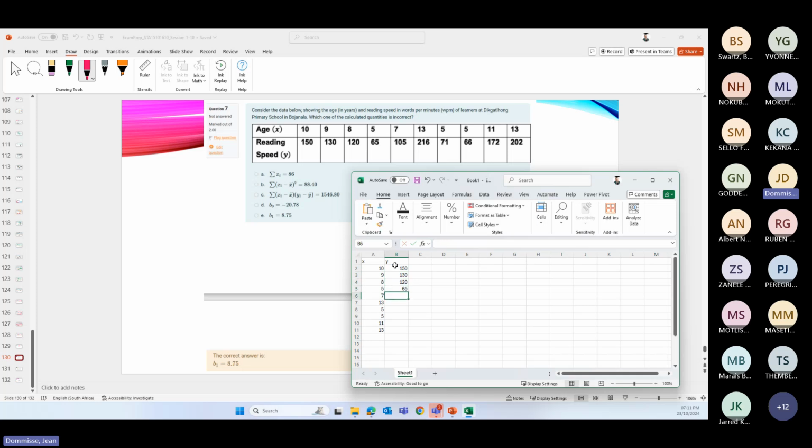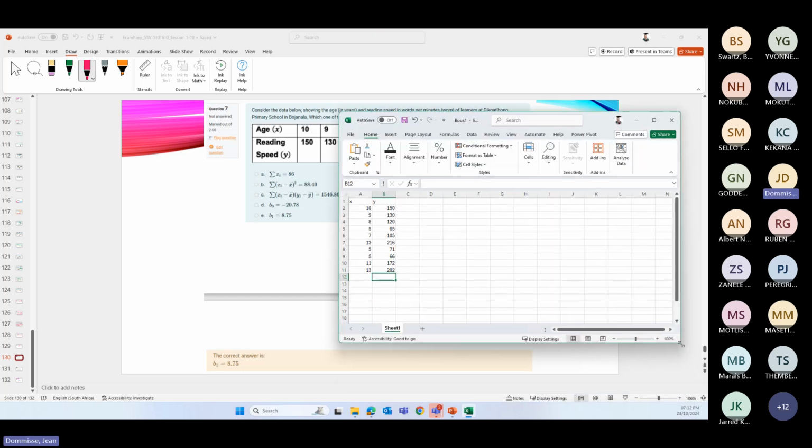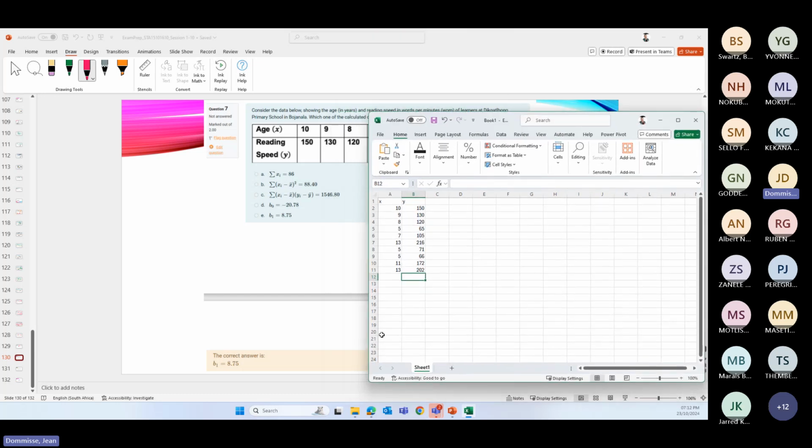So they will not ask a question like this where you actually need to use Excel to work it out, unless it is easy things like the sum of x.